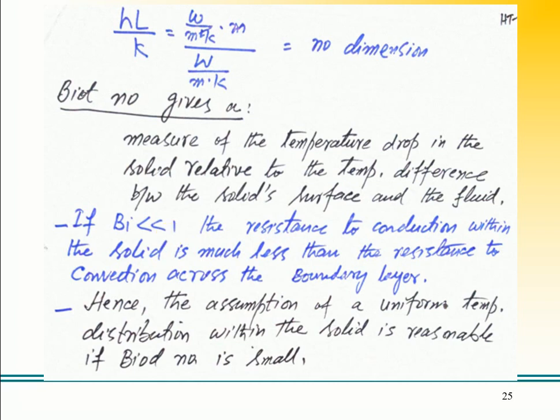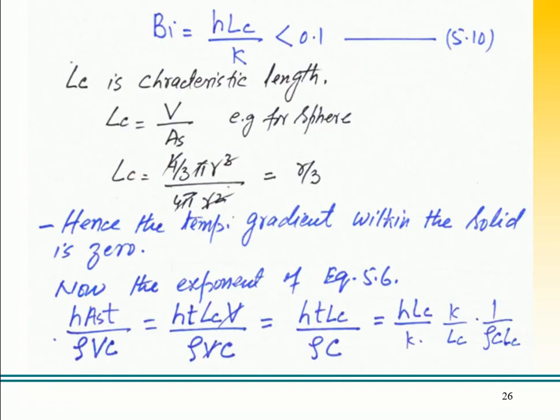Of course, within the solid, and then it is relative to the temperature difference between the solid surface and the fluid. Hence the assumption of uniform temperature distribution within the solid is reasonable if the Biot number is very much smaller than 1. So what is the criteria?